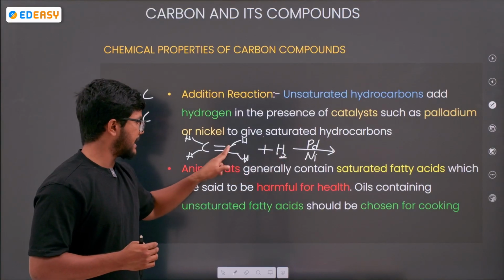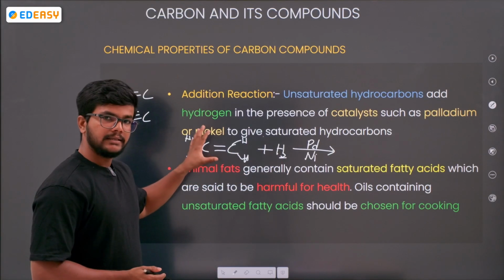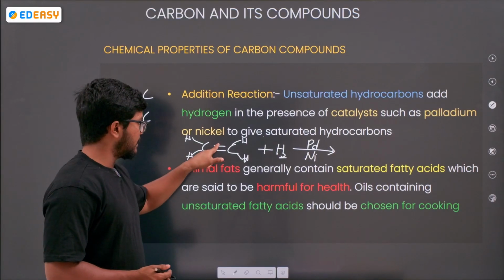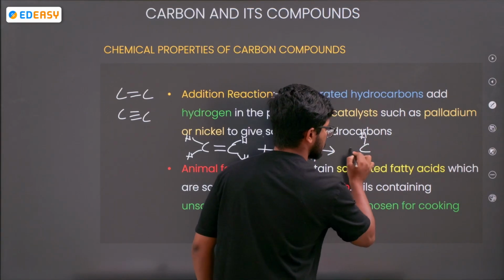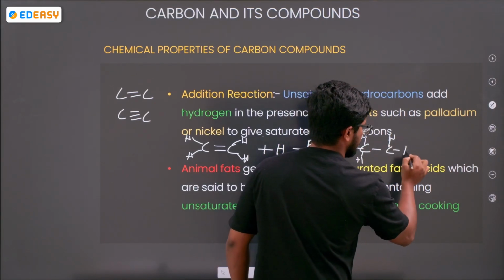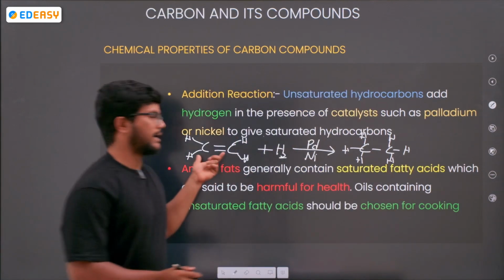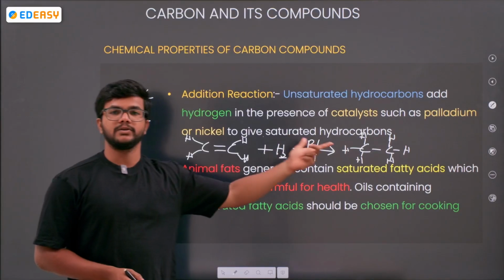These two hydrogens are added, one hydrogen to this carbon and another hydrogen to this. As a result, one of the bonds is removed from the middle, and it becomes carbon with three hydrogens, carbon with three hydrogens, with a single bond. The unsaturated hydrocarbon is converted into saturated; the double bond is converted into a single bond.